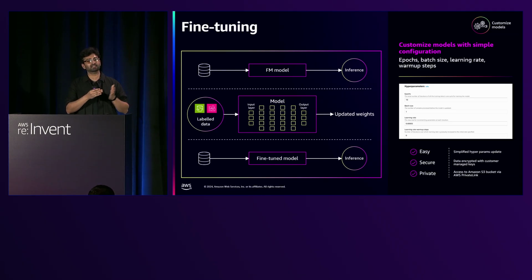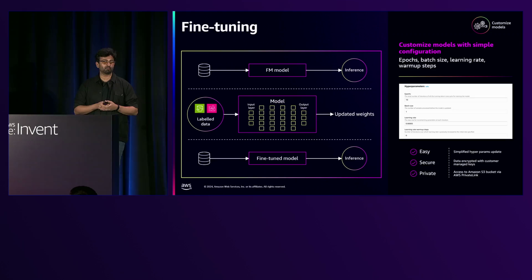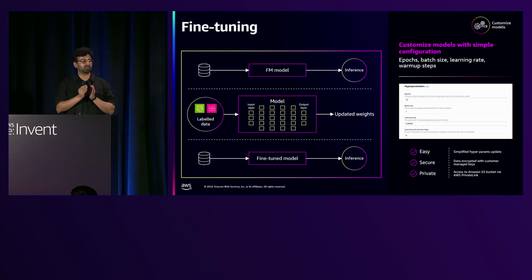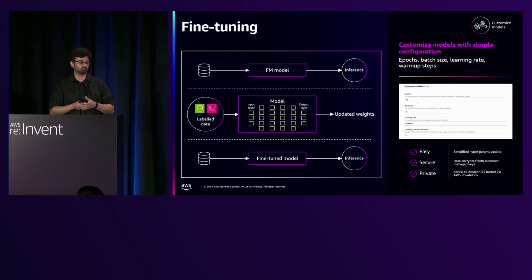You can put it up in S3, and through either the console or through the set of APIs that we have, you can start a model customization job, which fine-tunes a base model, and at the end of it, you have a model artifact that is specific to your use case or your task type, which can then be used through provisioned throughput, which is basically a standalone endpoint for you to hit as an API. So this is where you can integrate it with your end application.